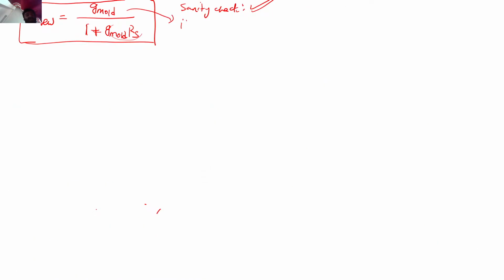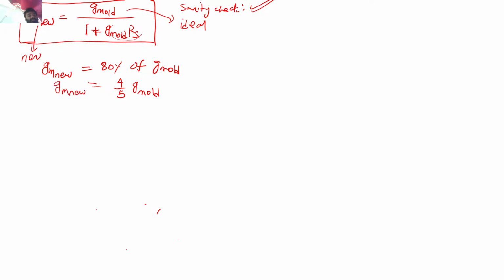This was your ideal value, and this is the new value they are talking about. So gm new is 80% of gm old, which is 4 by 5 times gm old. This is the gm new that they have given.